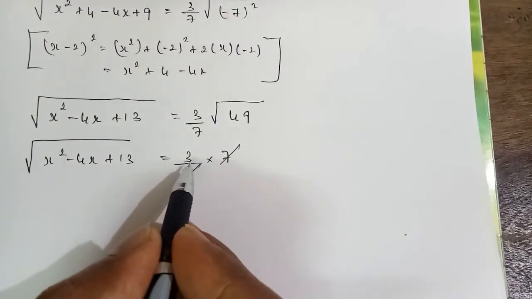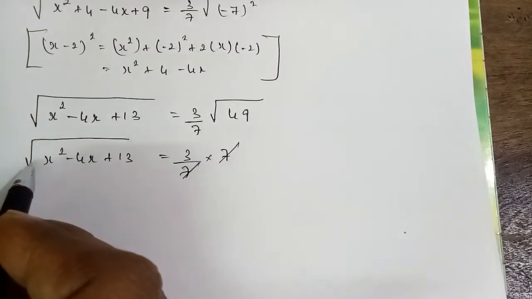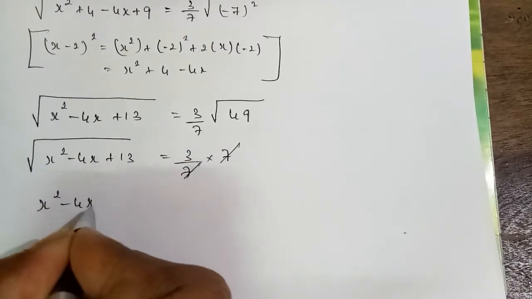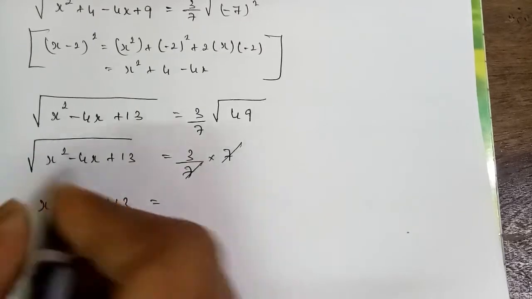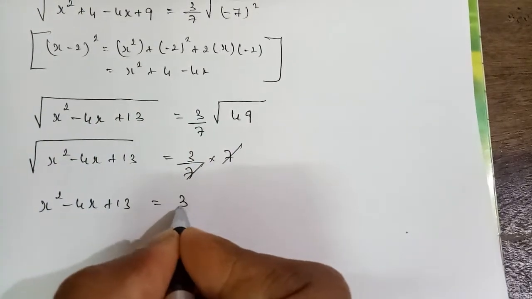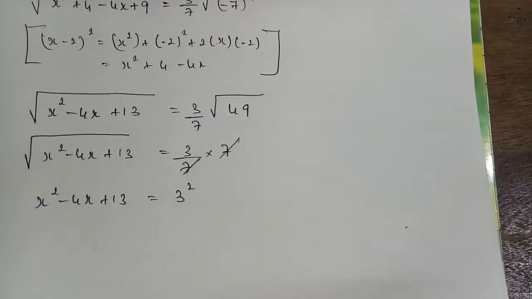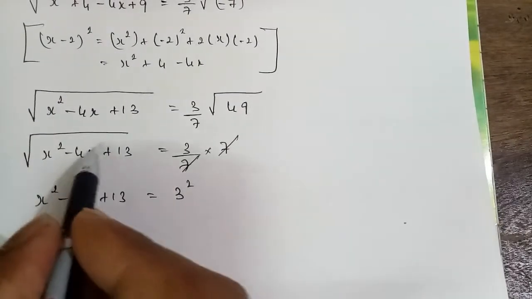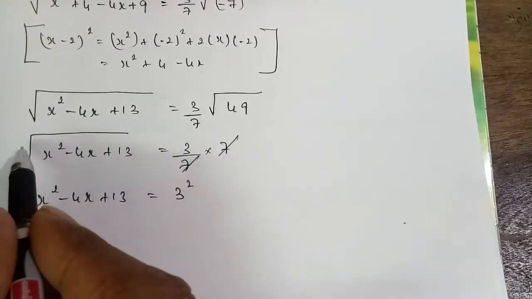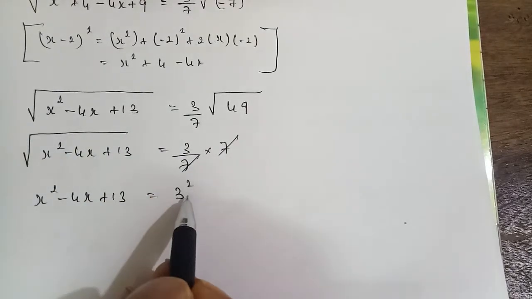What is pending? 3 is pending. Take the square root to the right hand side, and it will become square. So you will get 3 square. Or else, you square on both sides. If you square on both sides, the square root and square will cancel. We will get 3 square.